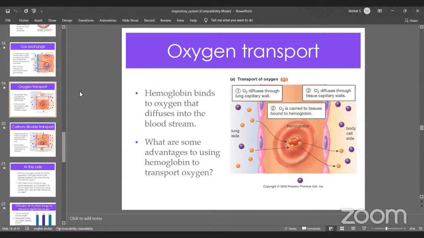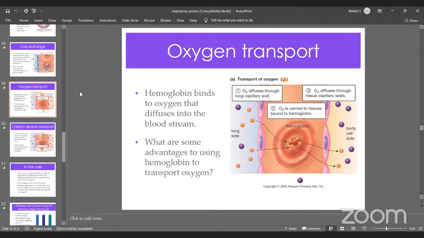Transport: the first is the diffusion of oxygen through the lung capillary wall, and the second is that oxygen is carried to tissues bound to hemoglobin, because hemoglobin has a chemical bond with iron heme. So it is carried to tissues bound to the hemoglobin.